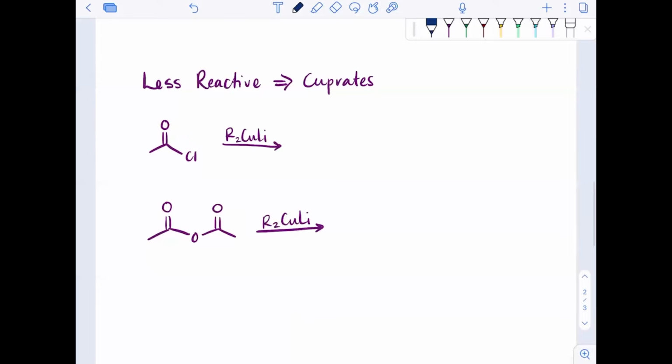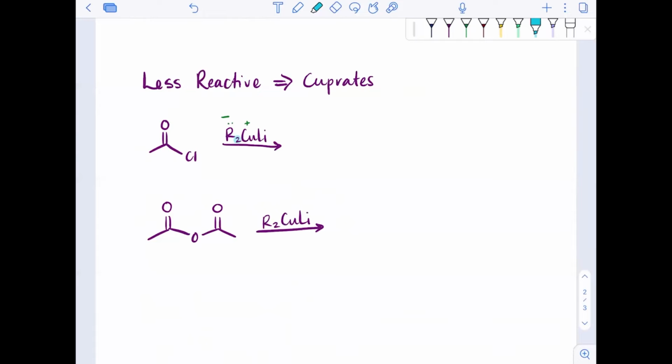Cuprates are less reactive. Cuprates are the copper version, or the Gilman reagents, of our organometallic compounds here. Now, just like before, the Gilman reagent is having a carbon nucleophile. We can think about that carbon nucleophile being paired again with a metal. But notice here, those two simply mean that there are 2 equivalents of R group, but only one is going to react.